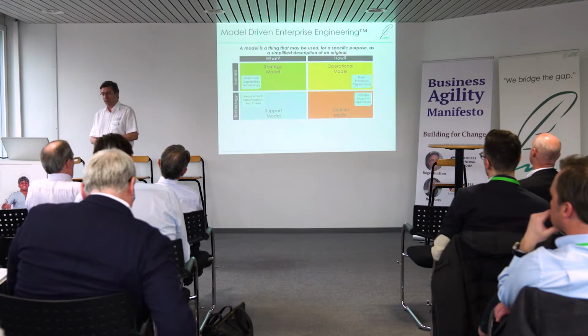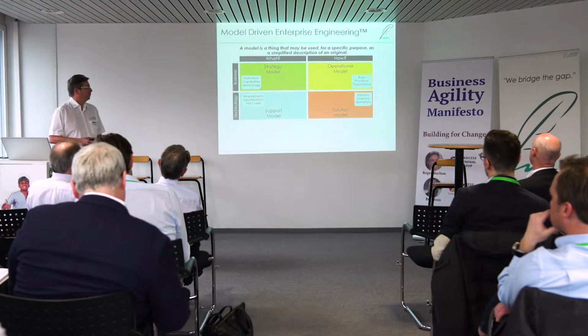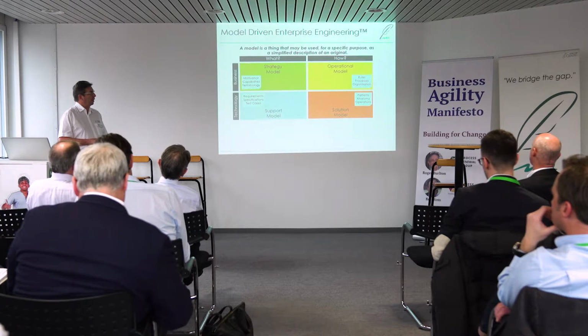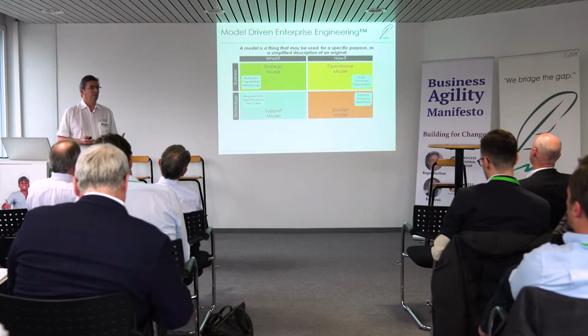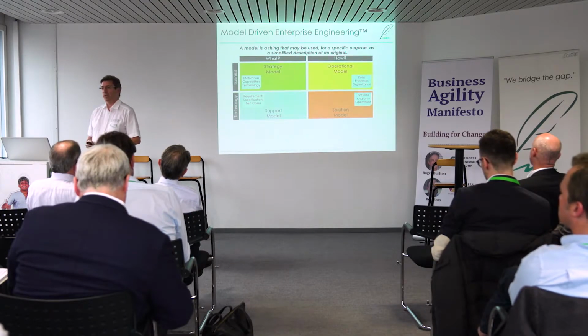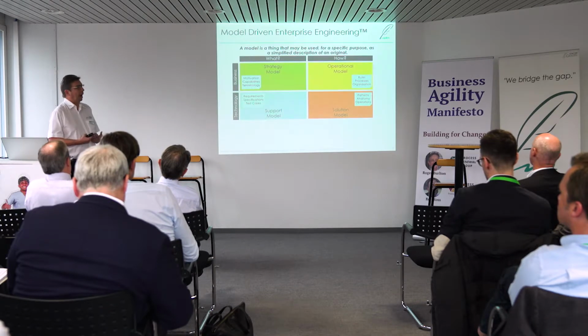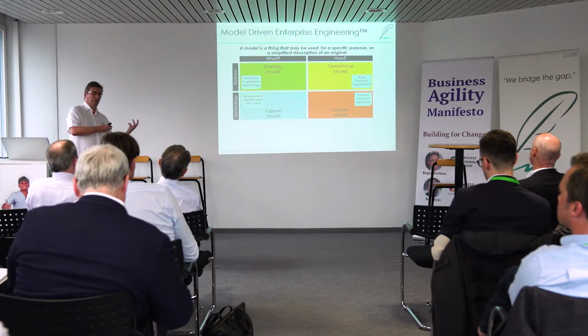And you may also separate these four quadrants into a left part, where you describe what you want, and a right part, where you describe how you implement the business or the technology level. And these are our four quadrants.